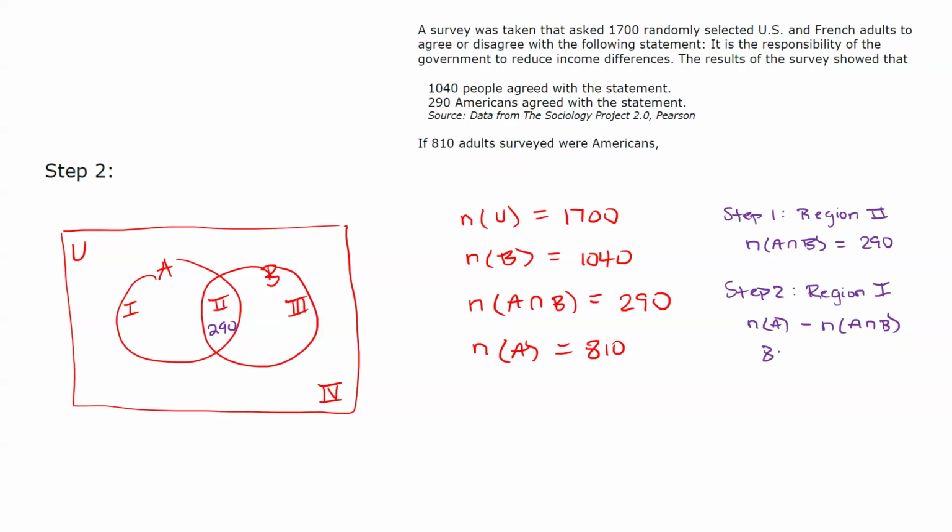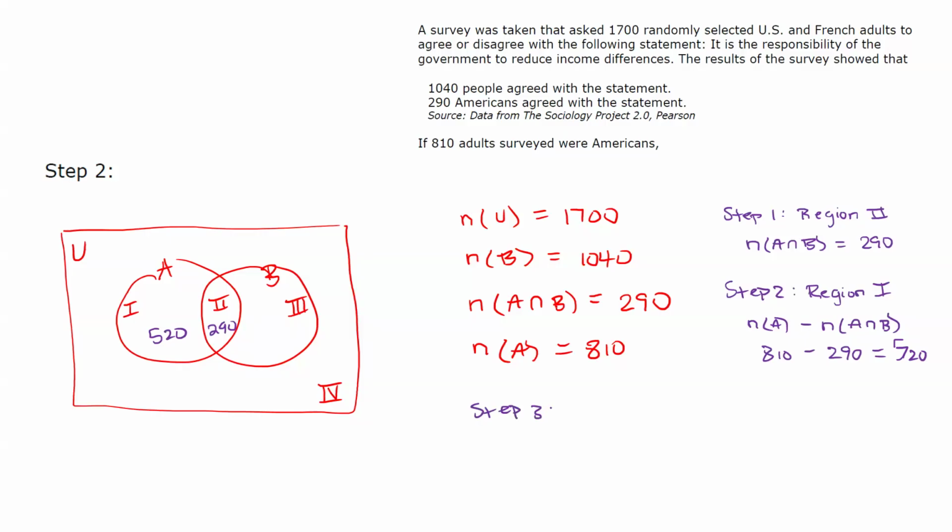So that's 810 minus 290, which equals, sorry, not 290. It would be, oh, it is 290 because the intersection is 290. So that would be 520. Okay.